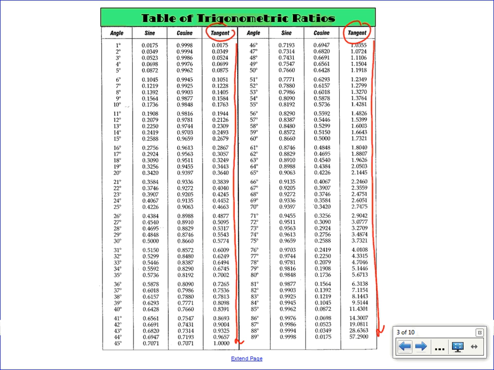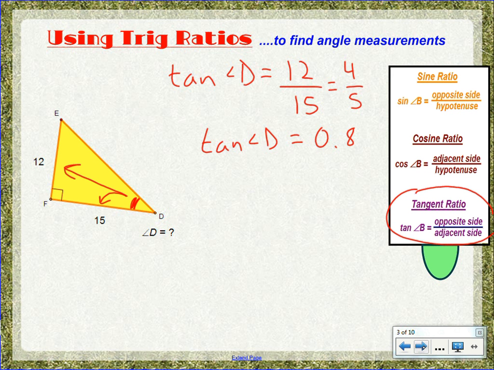And if we look, this is going to be the closest value we have: 0.8098. That's really close to 0.8. And what angle measurement does that match? It matches 39 degrees. So I know that the angle whose tangent is closest to 0.8 is 39 degrees. That's going to allow me to say that angle D is approximately 39 degrees.